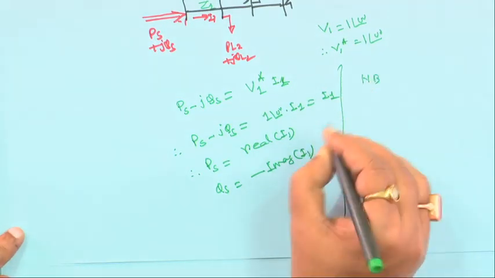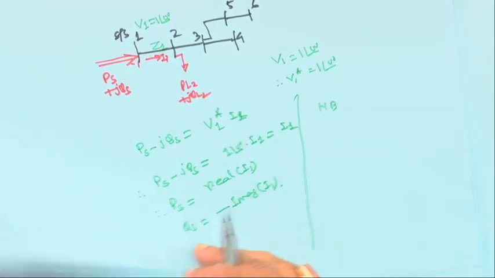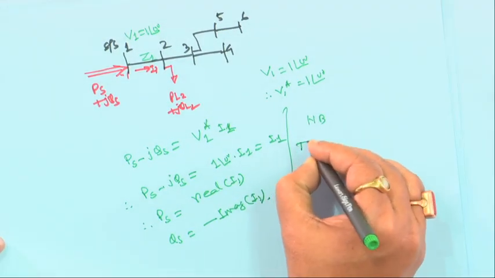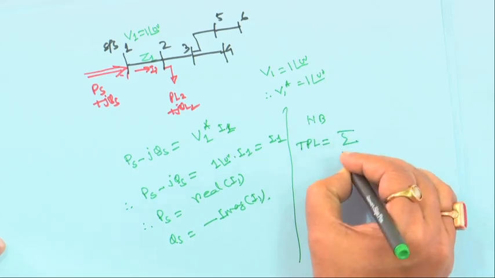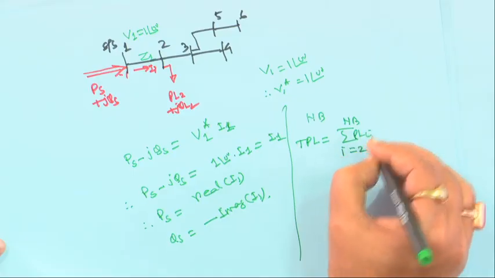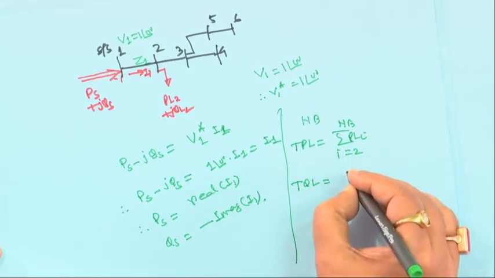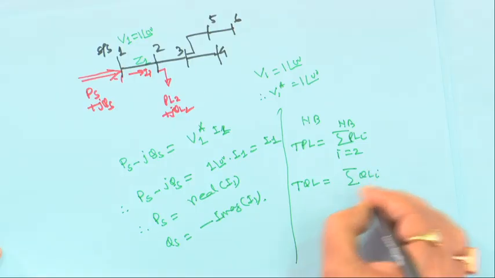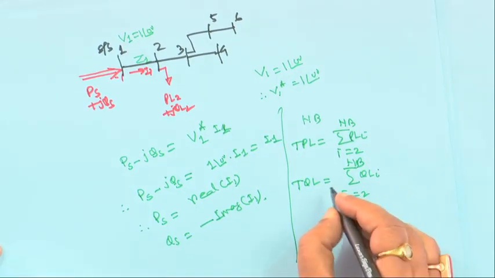and all the PL and QL are known. So what will be the total load? The total real power load TPL will be the sum over i equal to 2 to NB of PLi, and the total reactive load is the sum over i equal to 2 to NB of QLi.